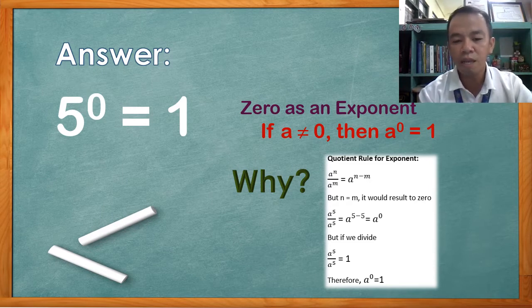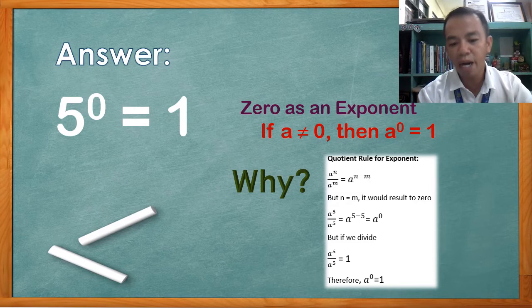Just as an example, a to the power of 5 divided by a to the power of 5. Take note, they have the same base, so it is equal to a to the power of 5 minus 5, and 5 minus 5 is equal to 0. Therefore, that is a to the power of 0.